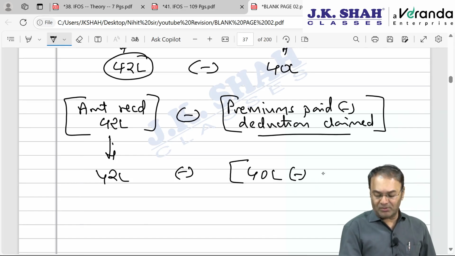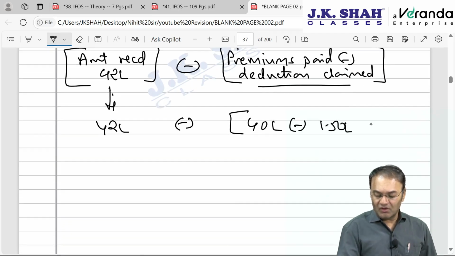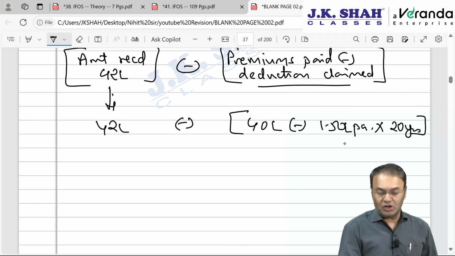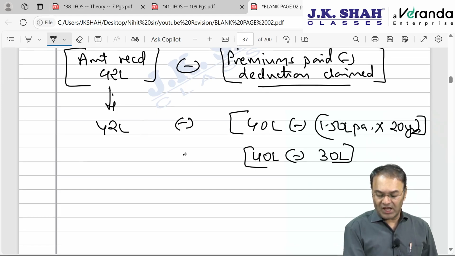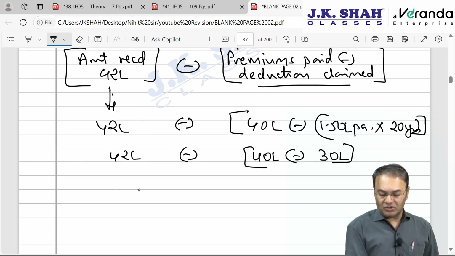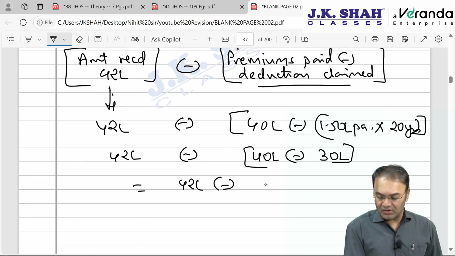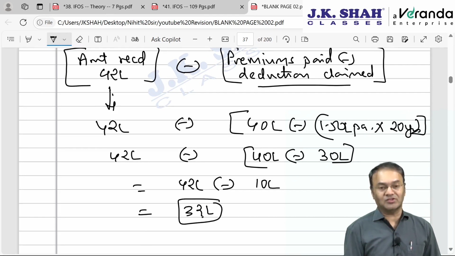Say deduction claimed up till now was 1.5 lakhs per annum into 20 years under old scheme, old tax regime. So 30 lakhs was already claimed as deduction and now 42 lakhs is received. So 42 lakhs minus 10 lakhs is equal to 32 lakh. 32 lakh will be taxable and not 2 lakhs.